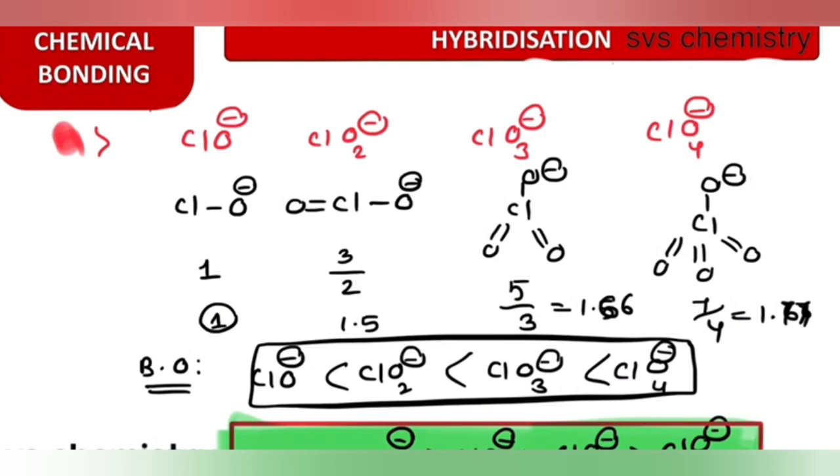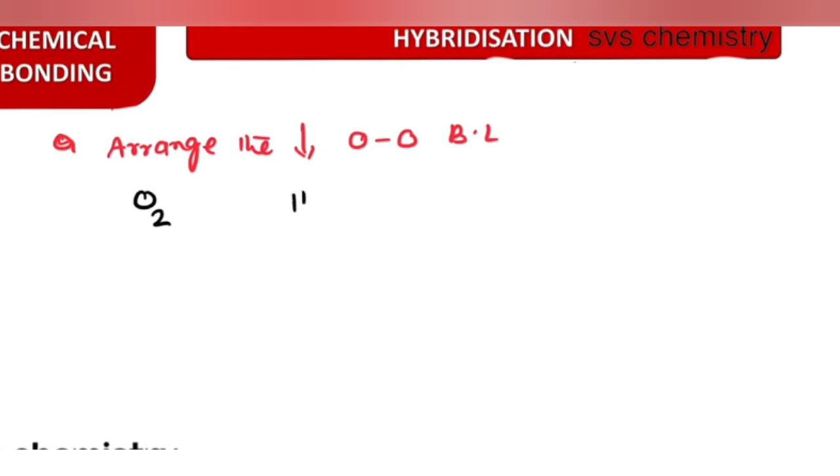One important question is there that we'll discuss, so everybody listen carefully. The question is: arrange in decreasing order the oxygen-oxygen bond length of oxygen, hydrogen peroxide, and ozone, O3. In oxygen we have a double bond.